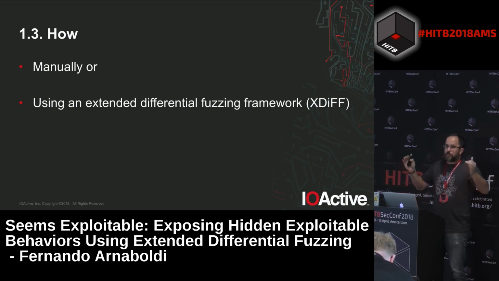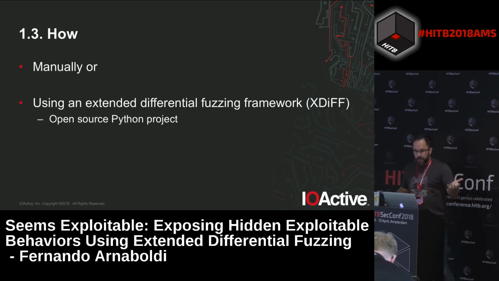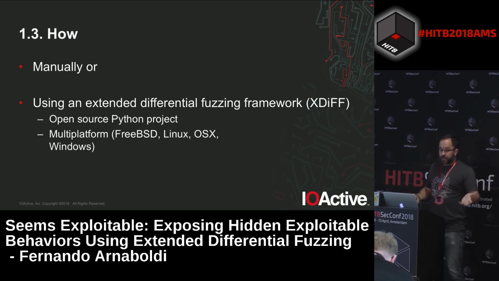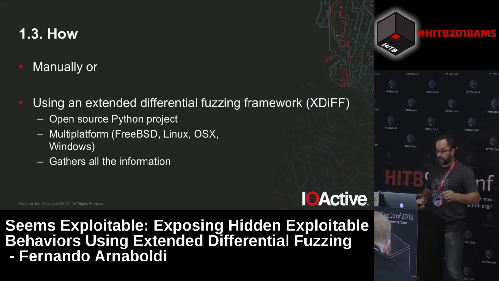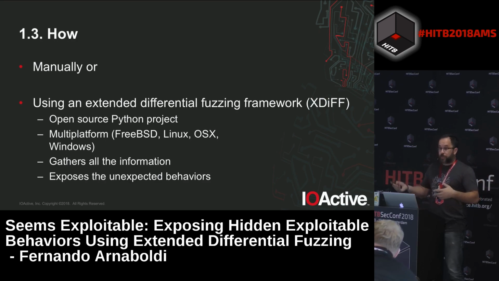And if I'm able to do this, I can scale it to test any kind of software. So I did something in Python, and I started testing this in multiple operating systems to gather a lot of different information, standard output, error, etc., and expose the unexpected behaviors that you could find.